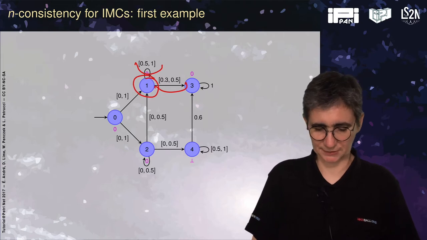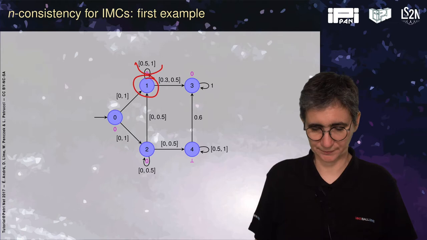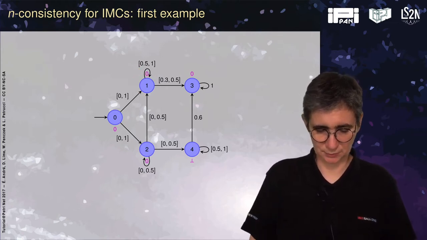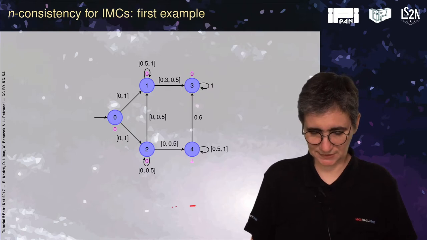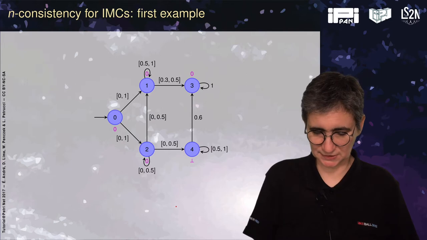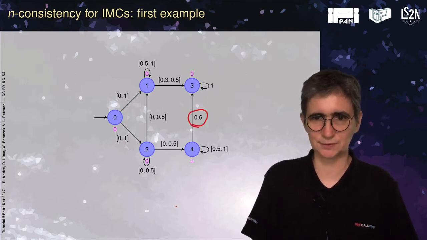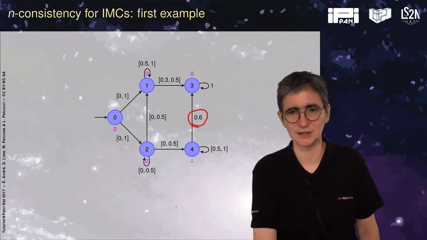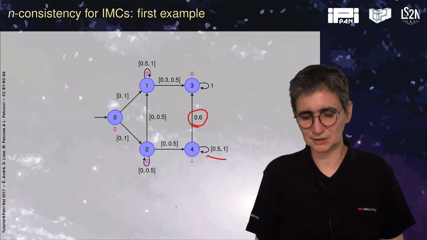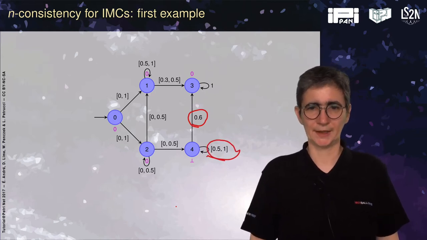And I can do the same thing for all these states. Okay. But for state 4, let us look at what happens. State 4 is such that there is a probability 0.6 of exiting state 4 to go to state 3, and there is a probability that must be between 0.5 and 1 to loop on state 4.